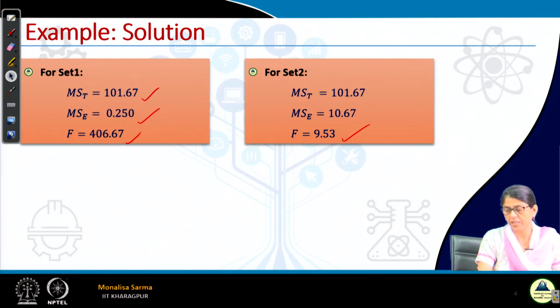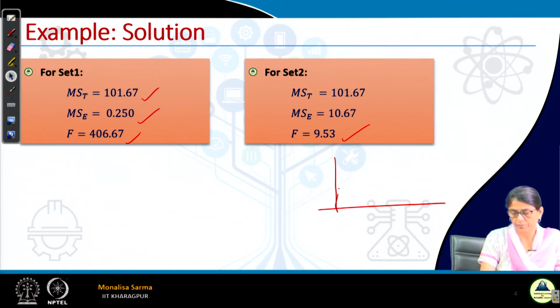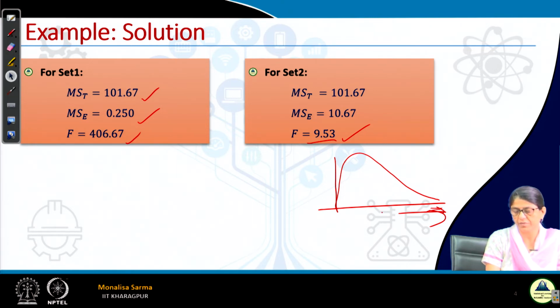See, remember the F distribution is something of this sort, and the mode value of F means it is going this way. F is 9.53, which means F is very much in this range, isn't it. And as I told you, for ANOVA, remember it is always a one tail distribution.